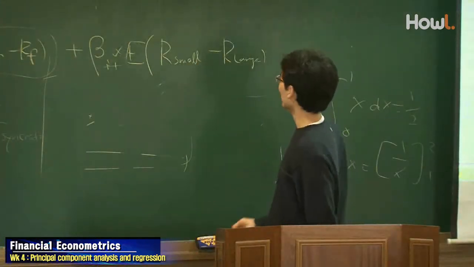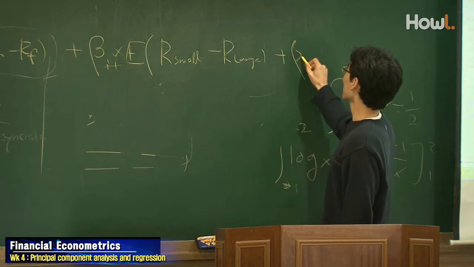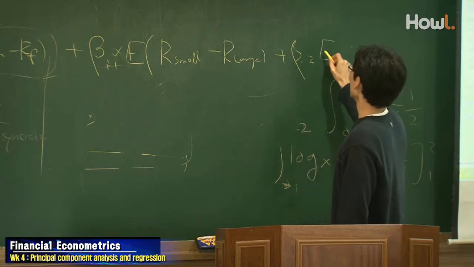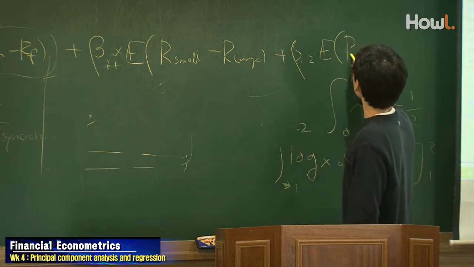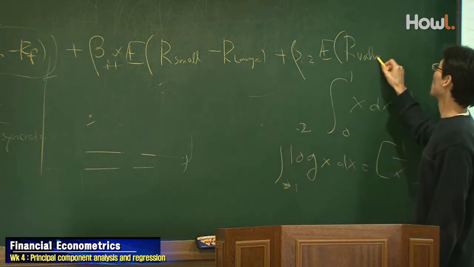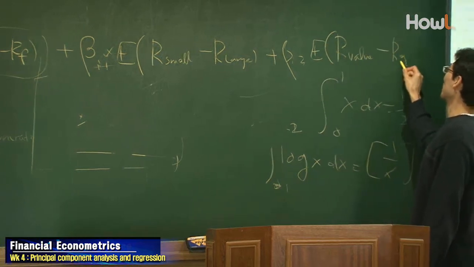This is the second factor, and the third factor is beta I2 times R value minus R growth.